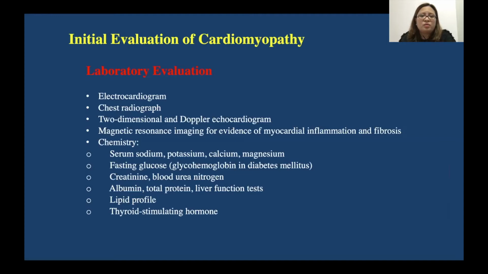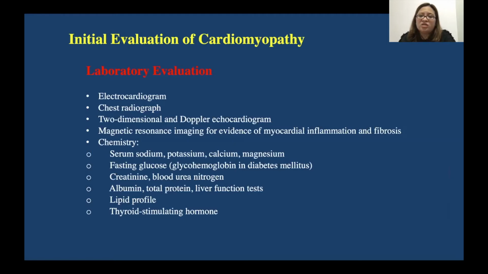Another laboratory test you might want to request is magnetic resonance imaging if you want to check for myocardial inflammation and fibrosis. Also, you need to request for blood chemistry, which includes electrolytes and fasting blood glucose.